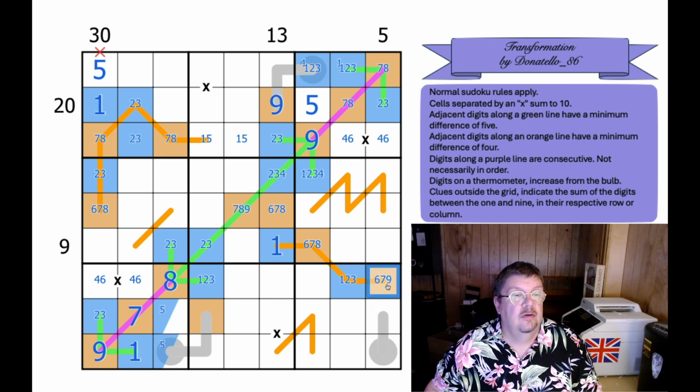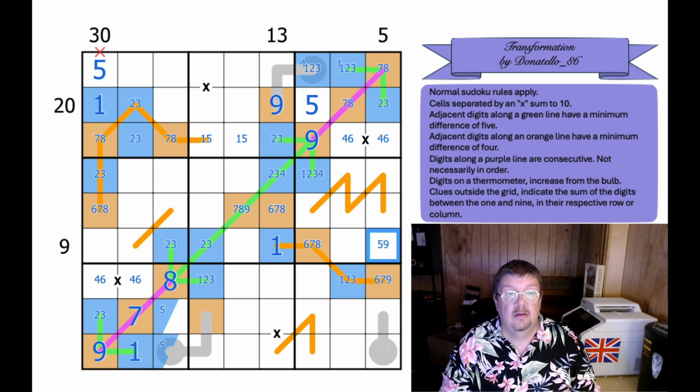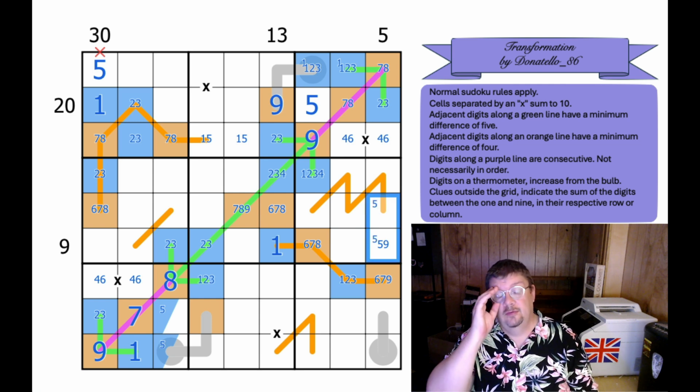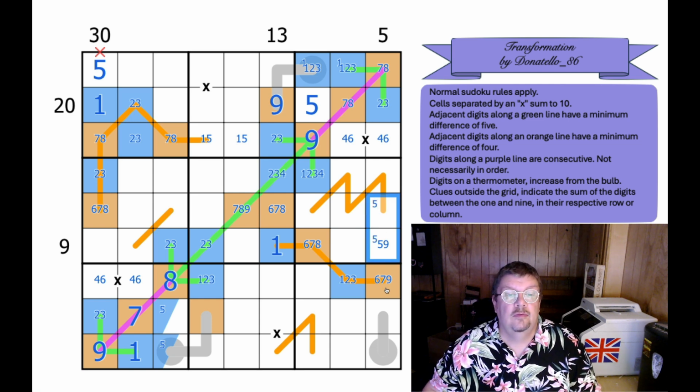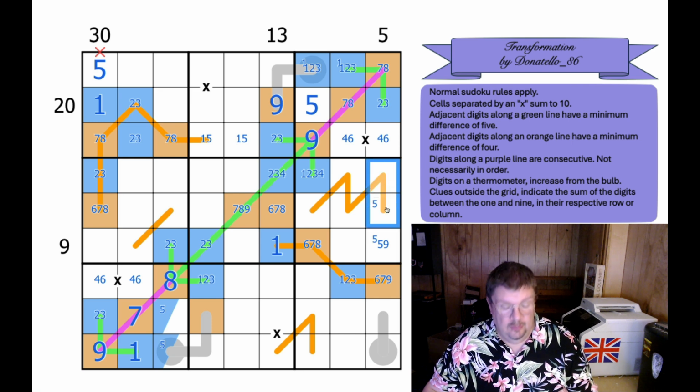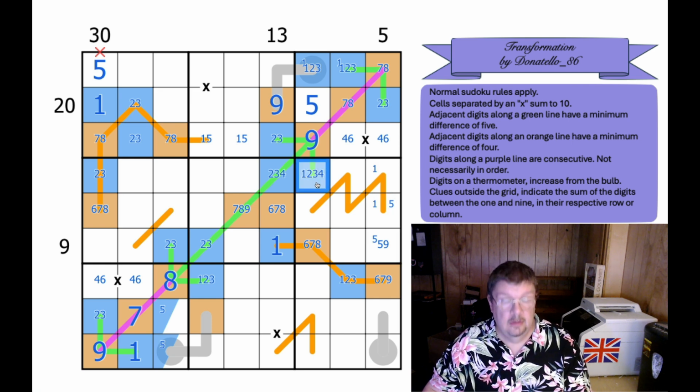So we have 9, 5, 1 or 9, 5, 1. So that's a 5 or a 9, and we have a 5 in one of those two. One of those two is a 9. Nine, 5, 1. One of these two is a 1, and that's not a 1.